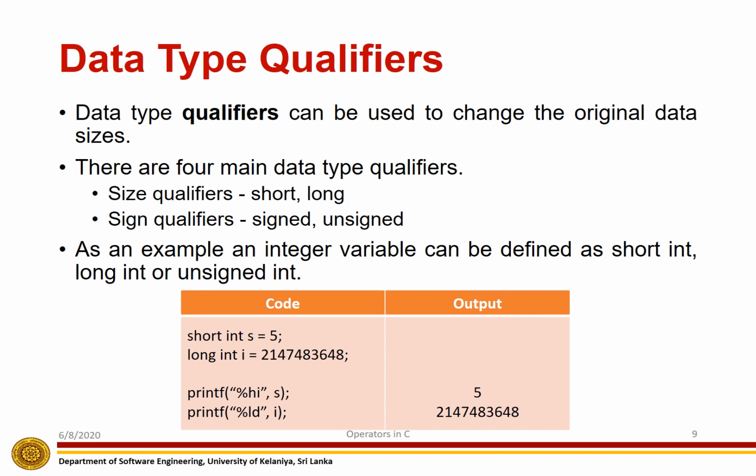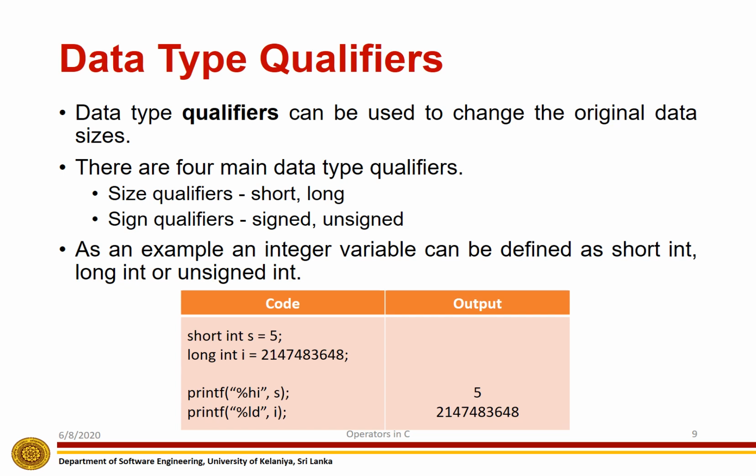First one is size qualifiers. It includes short and long. And the second one is sign qualifiers. It includes signed and unsigned. The reason behind providing these qualifiers is that the programmer can precisely choose a range of numbers suitable for the program whenever possible, which makes the program even more efficient.